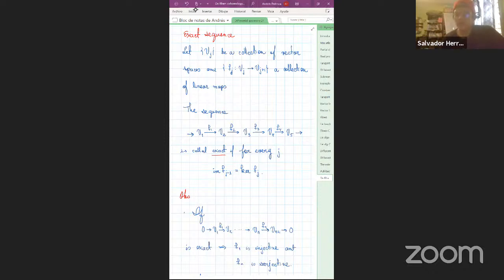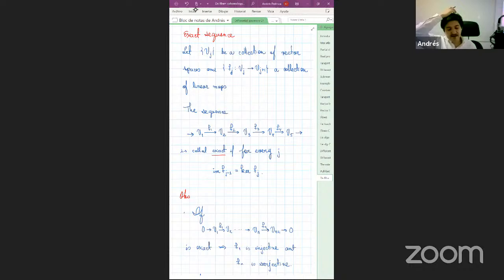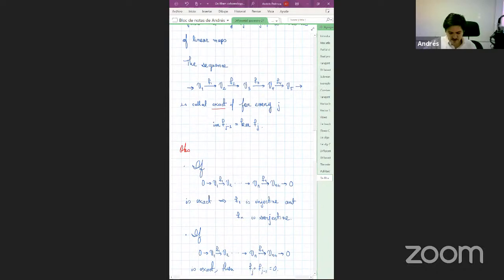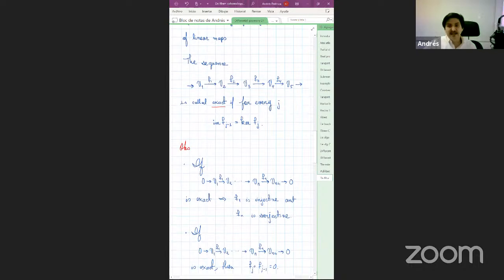Right. In algebraic topology, this type of aspects are fundamental. Now, another observation is if you have an exact sequence, if you compose a map twice, if you move twice by the functions, you go to 0.